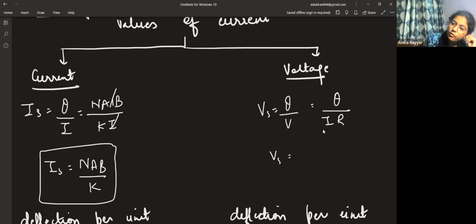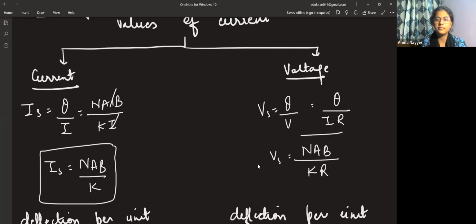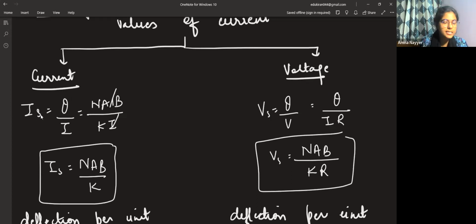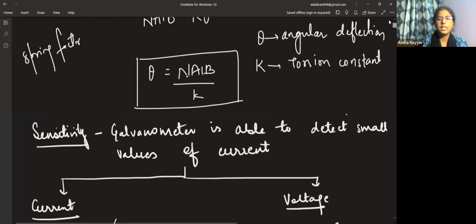So see, what is theta by I? Can you see theta by I is actually current sensitivity? Current sensitivity is NAB by K, and this R. Understood? This is theta by I. This is current sensitivity, which is NAB by K. So NAB by K, this R. All right. Write it till here.